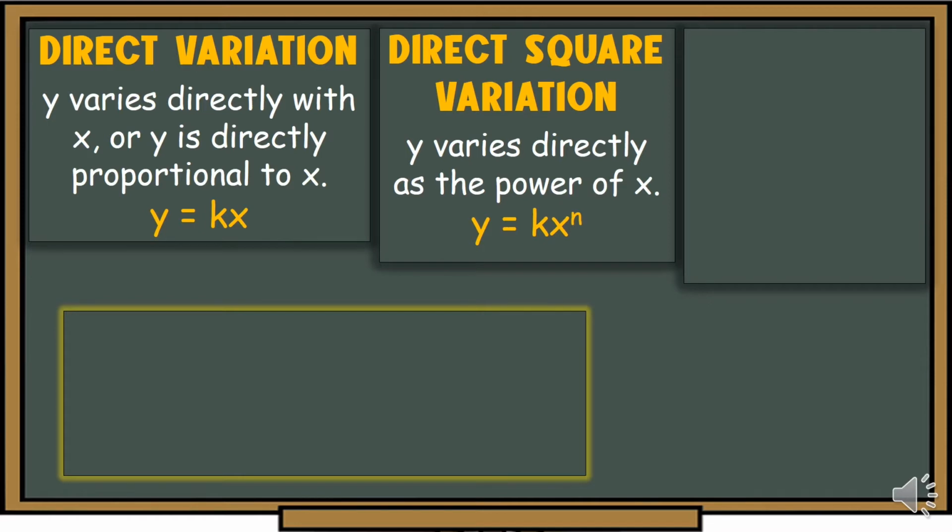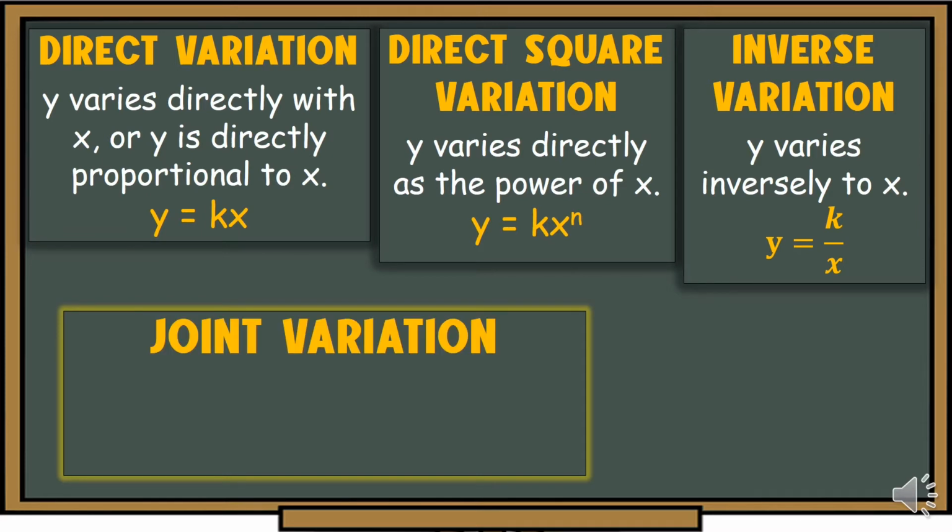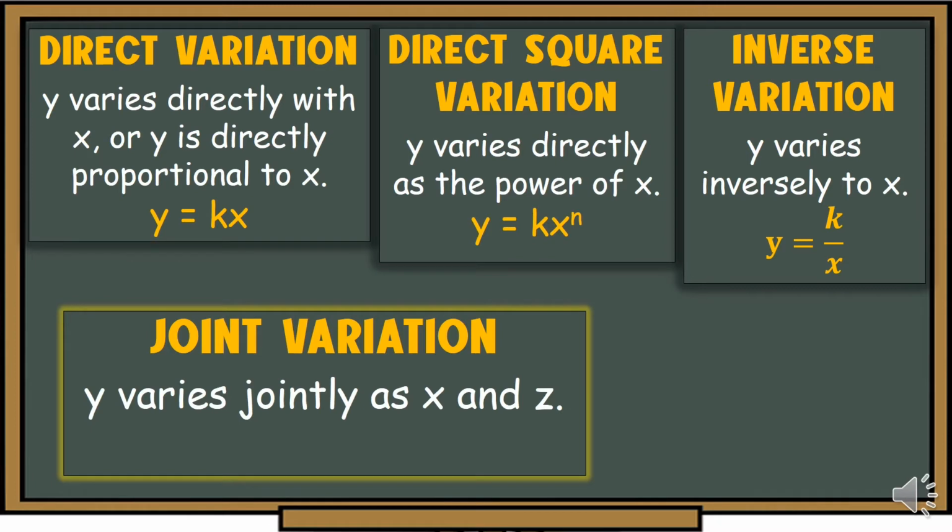The equation is y equals kx raised to n. And we also had inverse variation. Y varies inversely to x, and that is equal to y equals k over x. And we have our lesson today, which is about joint variation. Y varies jointly as x and z, whose general equation is y equals kxz.